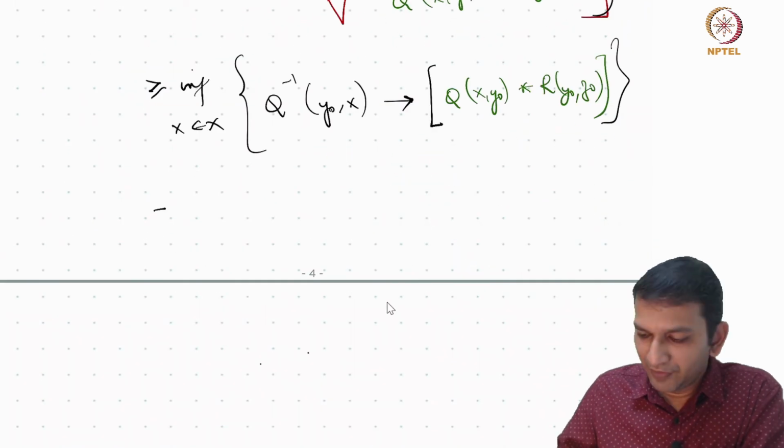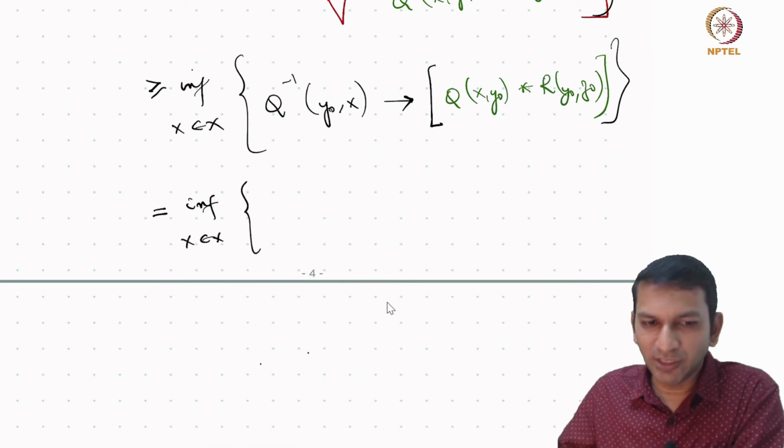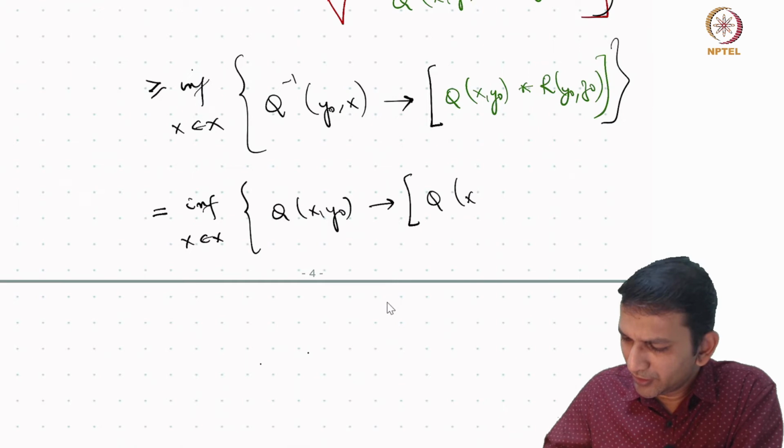Well, we do a similar thing as before. If you look at this, this is Q inverse, which is Q transpose. You could also write this as Q of (x, y0). This implies Q of (x, y0) star R of (y0, z0).